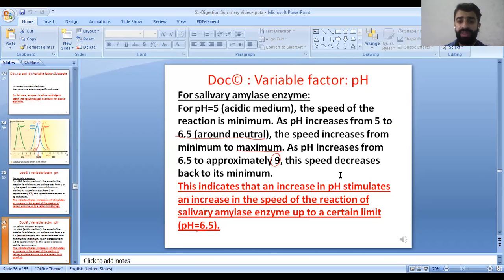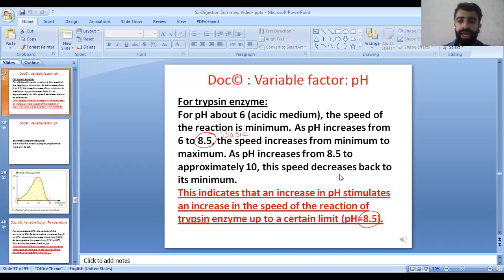So the enzyme salivary amylase works in a neutral medium, whereas the enzyme trypsin works at its best at pH 8.5. As it increases from 8.5 to 10, its speed decreases.